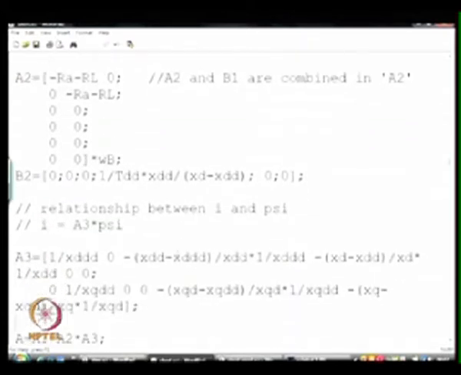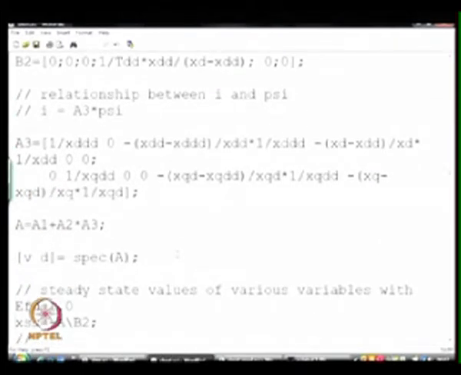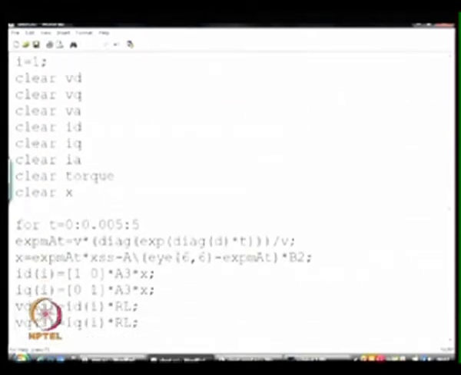What we do initially is obtain the steady state value of the states for EFD equal to 1. So we will assume that the machine is in steady state, then evaluate the response assuming that the initial conditions are equal to the steady state values.